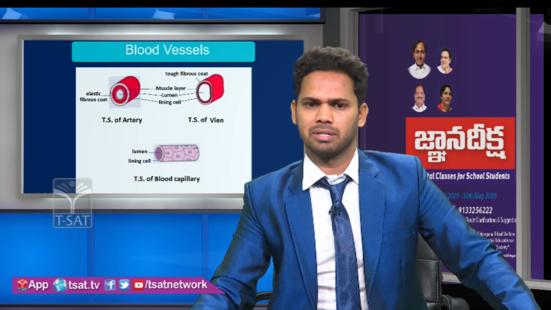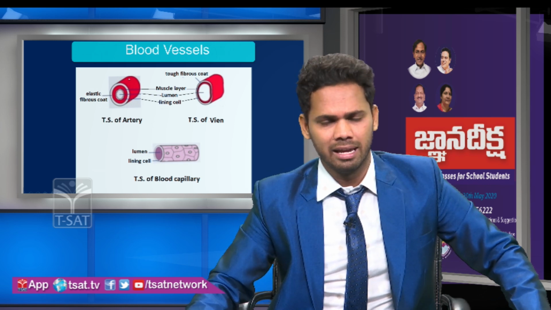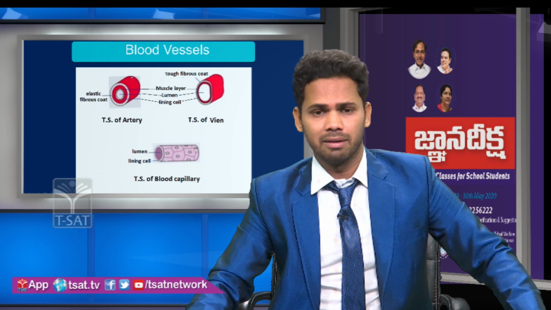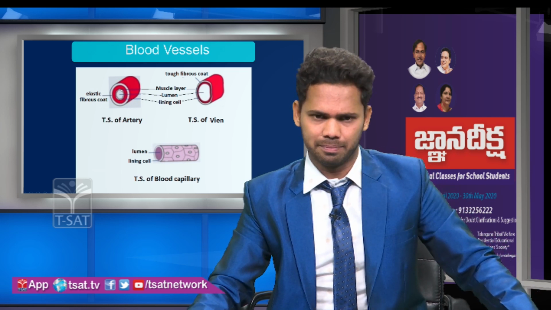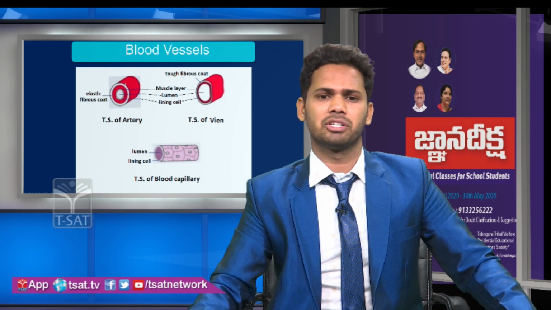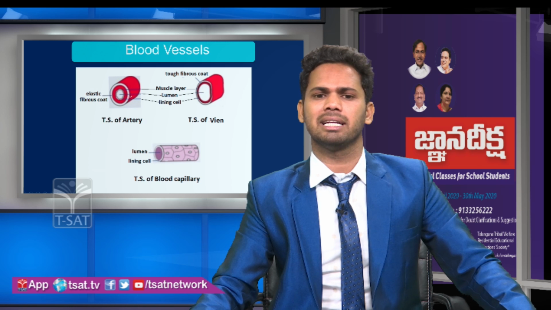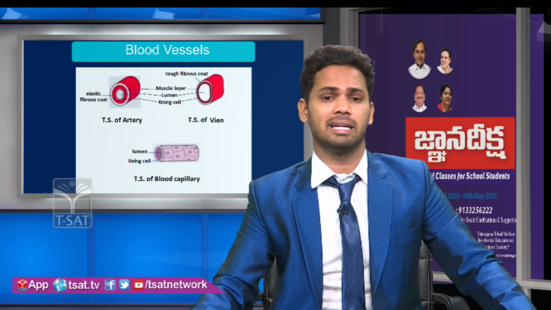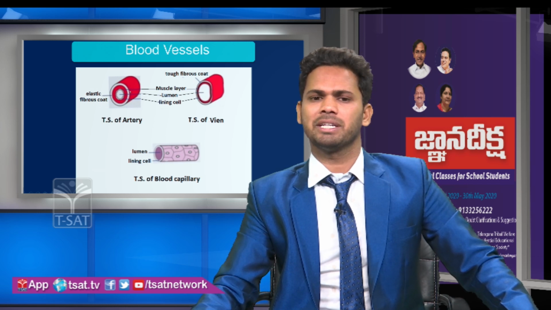Elastic fibrous coat. The outer layer of the artery is made up of a fiber coat which is very tough and elastic in nature. And this white color you can see is the lumen. Lumen in the sense space, the space which is inside the artery, and the special muscle you can see inside the artery.